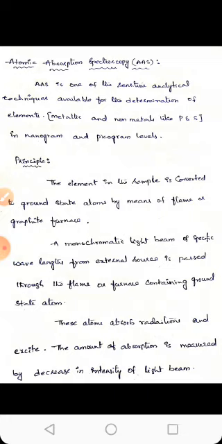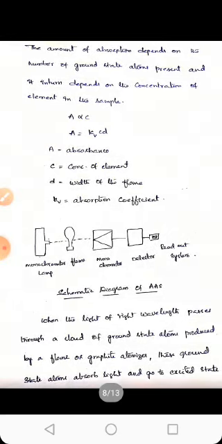So it is given by A is directly proportional to C, where A equals kV into Ct, where A is absorbance, C is the concentration of the element, t is the width of the flame, and kV is the absorption coefficient.